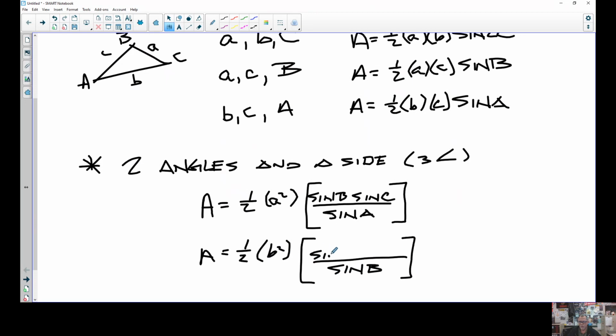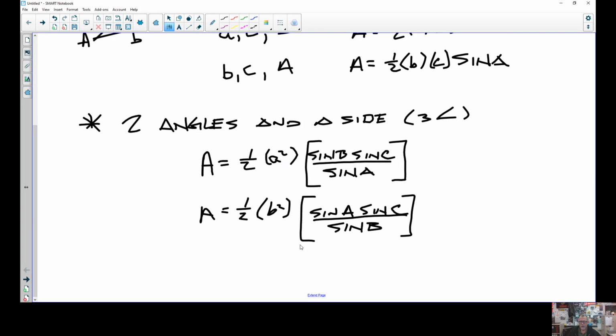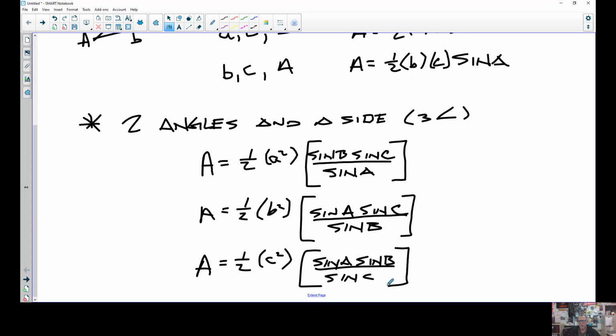And then we'd have sine A sine C here. And finally, the last form this could take is if we had side C and two of the angles, we could find that third angle and multiply this. And we would have that to work with.